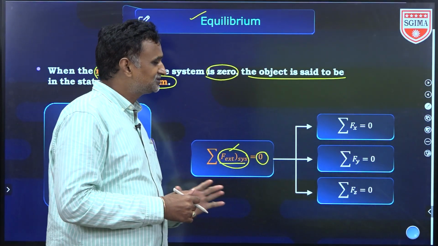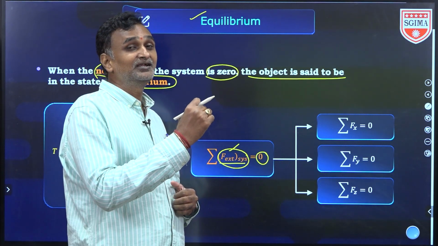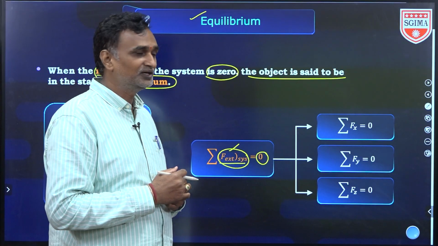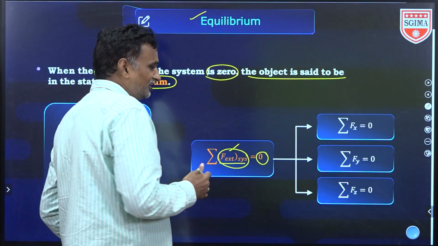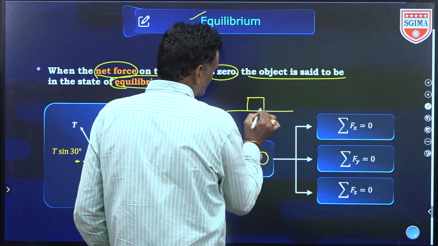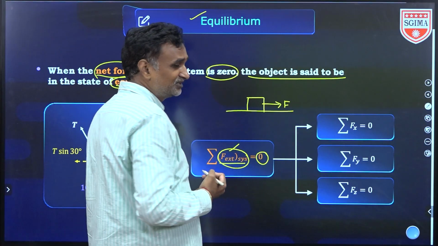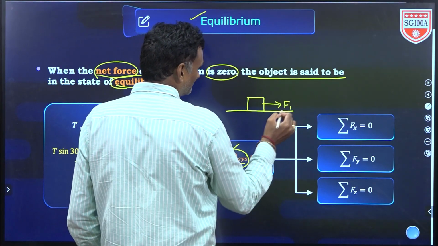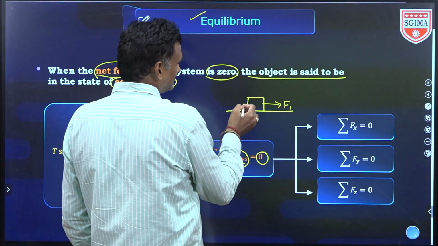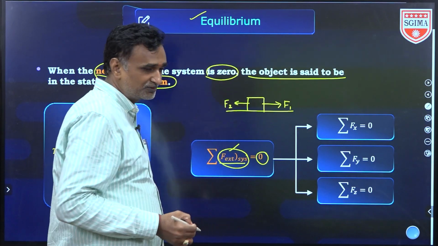Generally, this concept we know, and we get the part for translatory equilibrium. Translatory equilibrium means, suppose we consider an object. It is being pulled by some force continuously, by one person, with force F1. And at the same instant, one more person is pulling the same object with force F2.